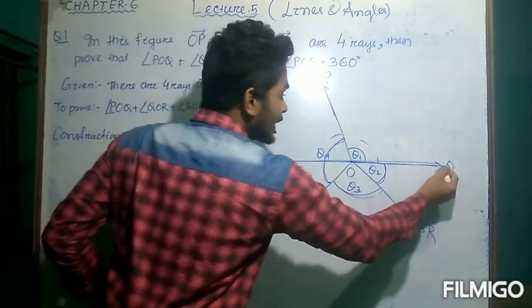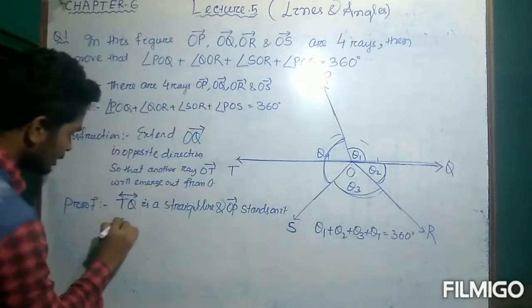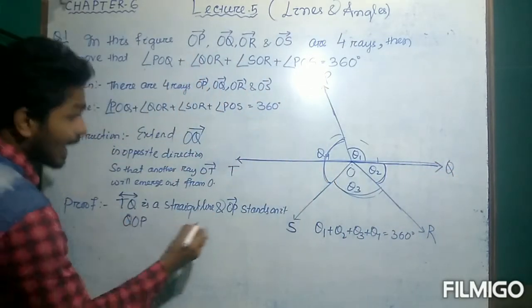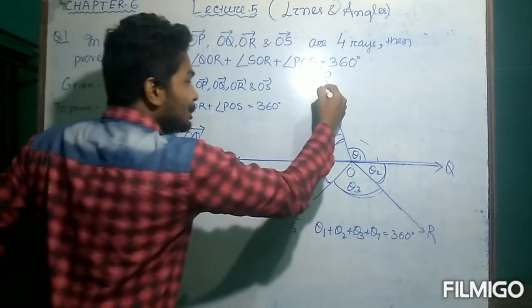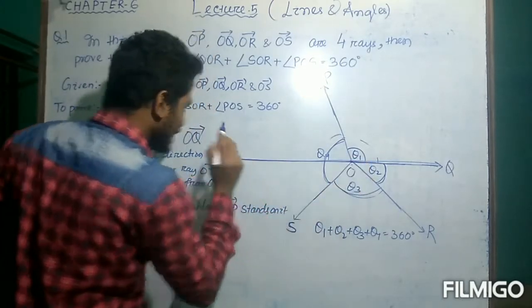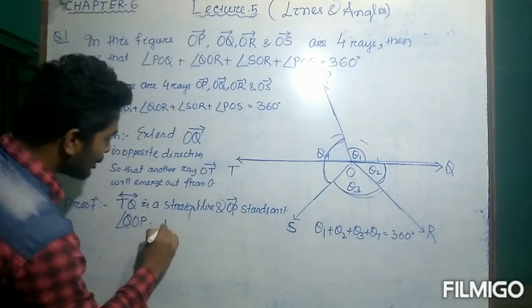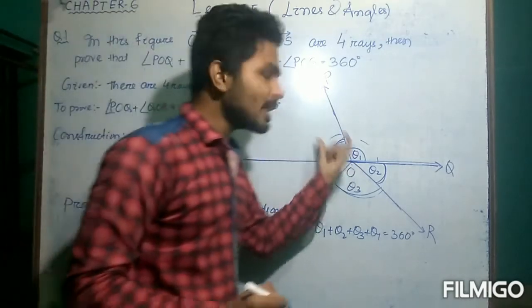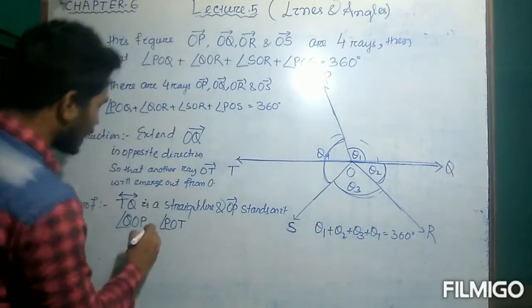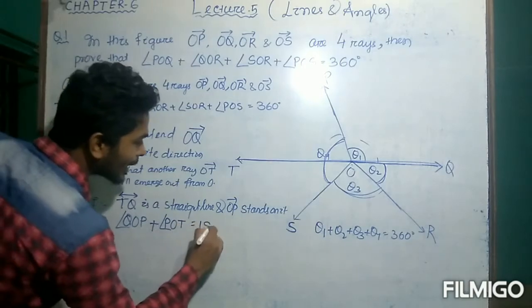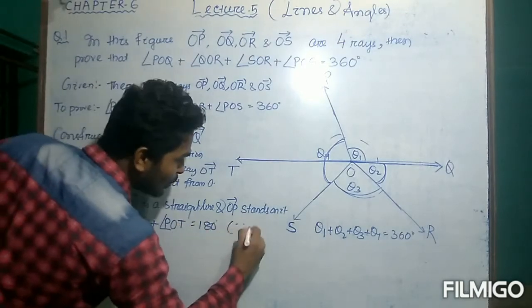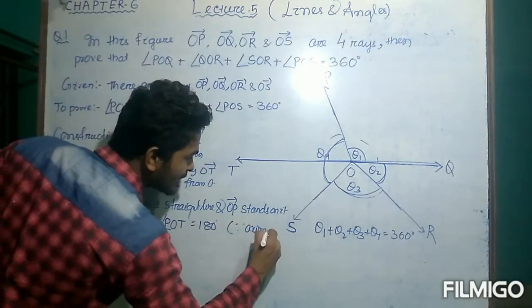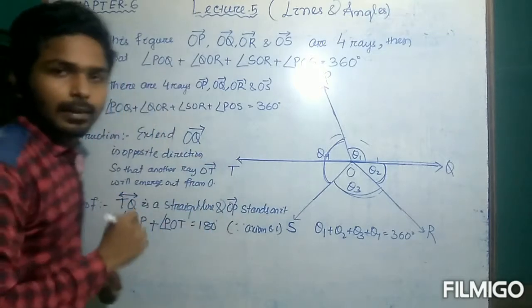What are the angles? Angle QOP and angle POT. These two angles are linear pair angles, and the sum of the two linear pair angles is equal to 180 degree according to axiom 6.1.